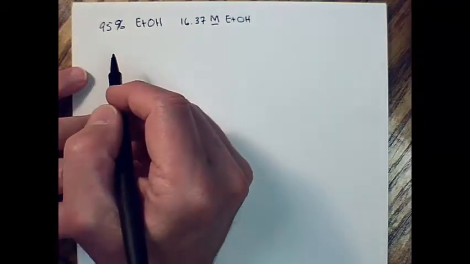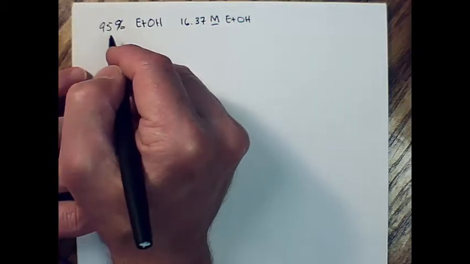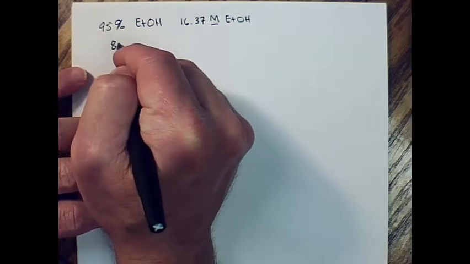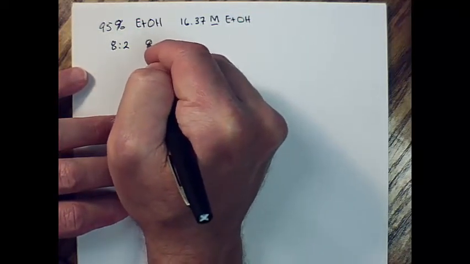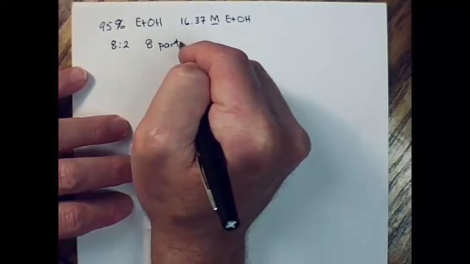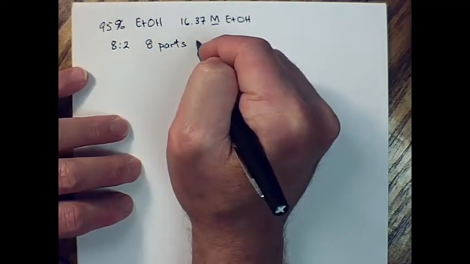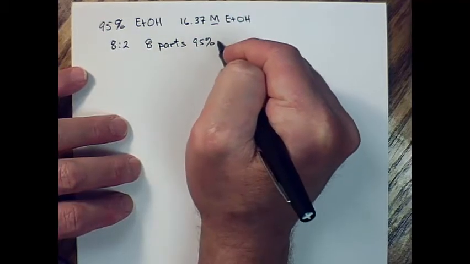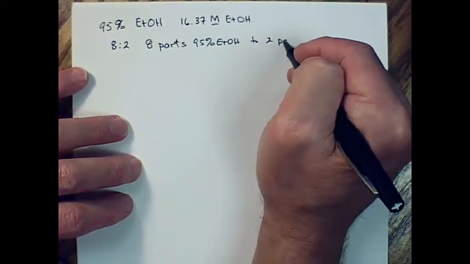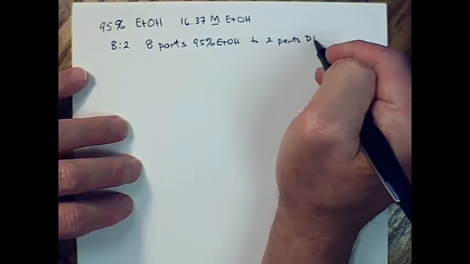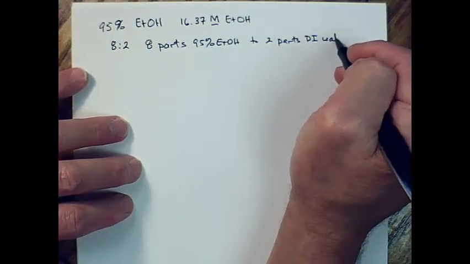Now, every time we dilute a solution, let's just say we're diluting one that is 8 to 2. That'd be 8 parts of this 95% ethanol solution to 2 parts distilled or deionized water.